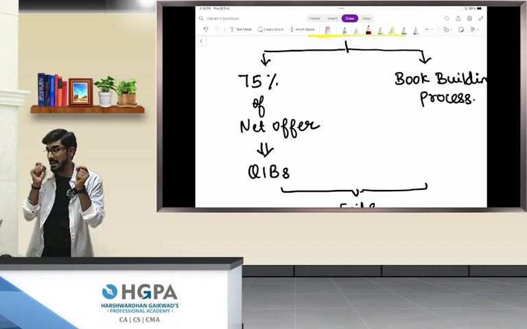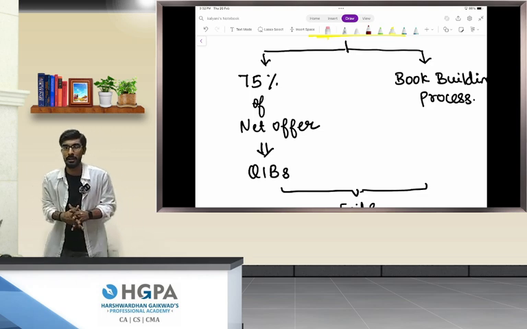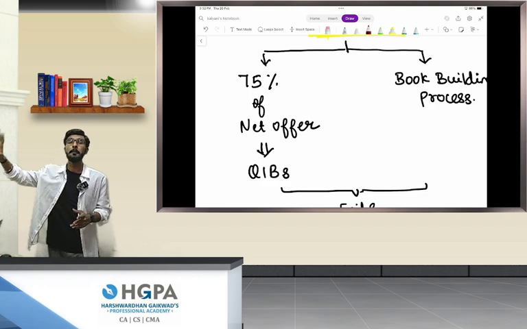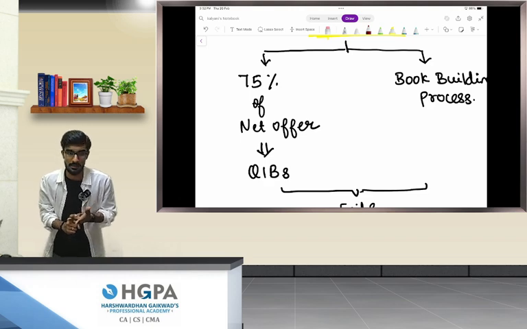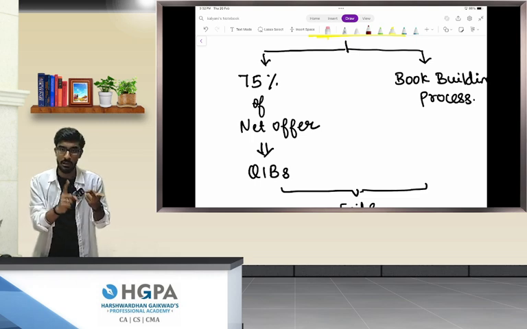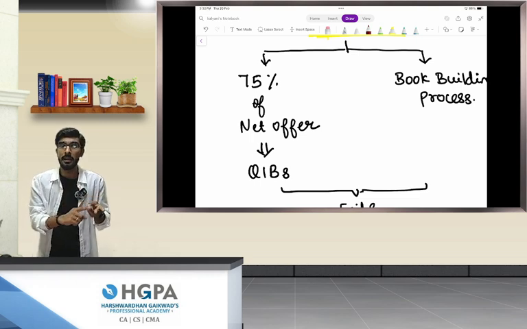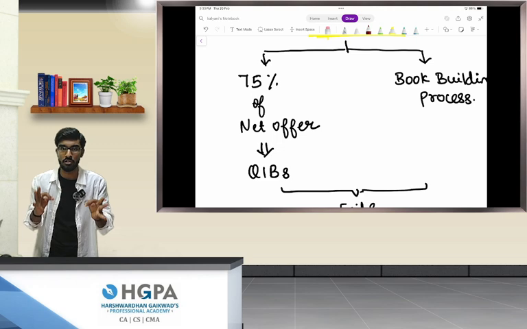That is 75%. Now, qualified institutional buyers are super big players: banks, financial institutions, portfolio management companies, LIC corporation, insurance companies, SBI. Such big players are called qualified institutional buyers.